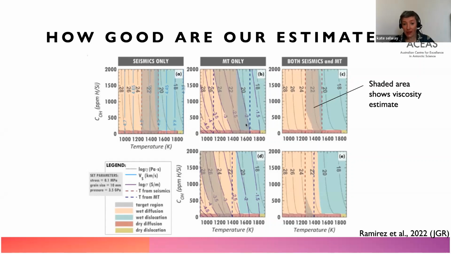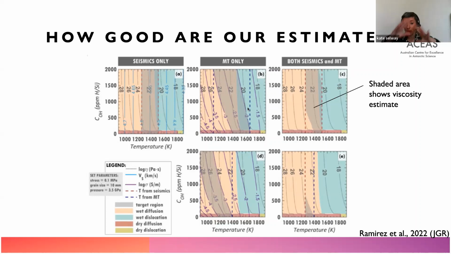If we only have MT data, here these purple curved contours are electrical resistivities from MT. Again, we're imagining we have measured a resistivity with uncertainty between log -2 and log -3 ohm meters. Here we see this region does change with water content.